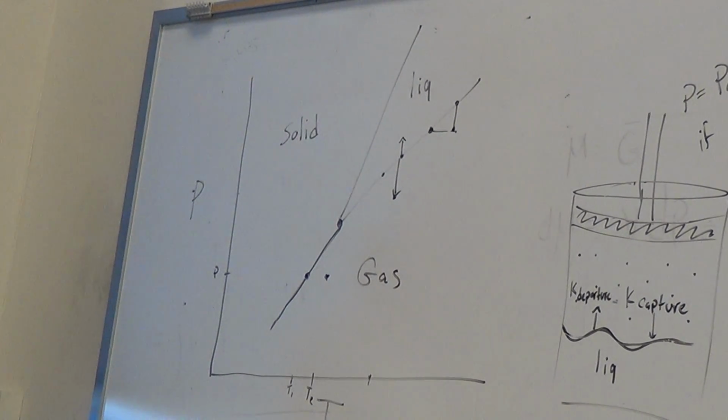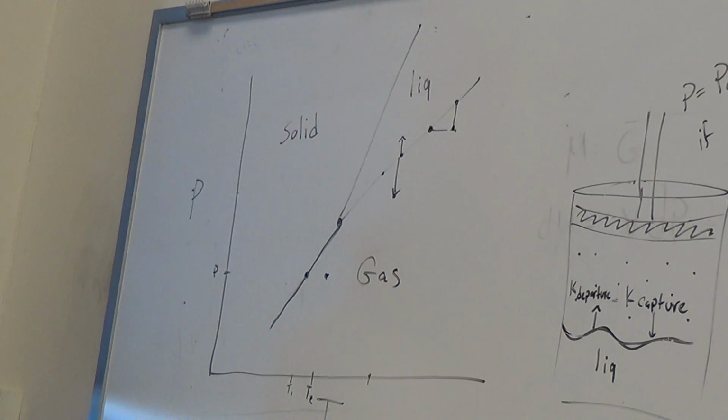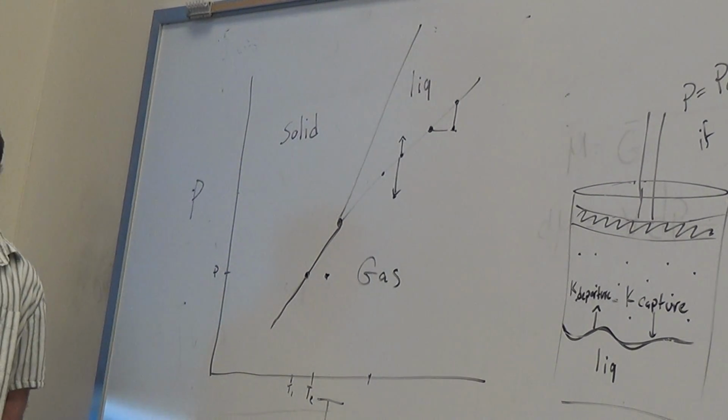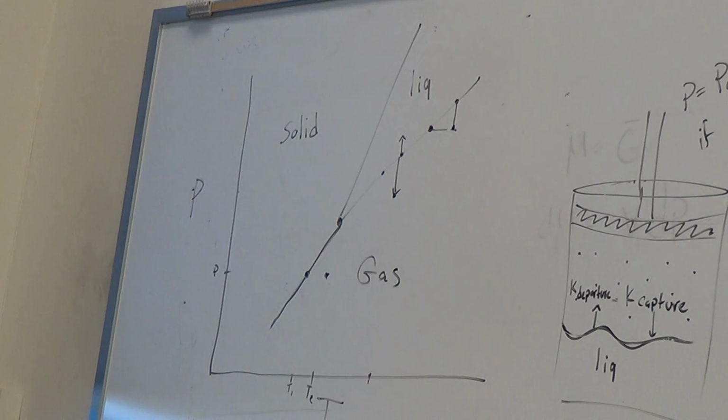Speaking of the solid to liquid transition for water, how can you argue for the slope of the solid to liquid boundary for a water phase diagram? First of all, when you look at this curve, how would you have to change this curve to make it resemble water's phase diagram?